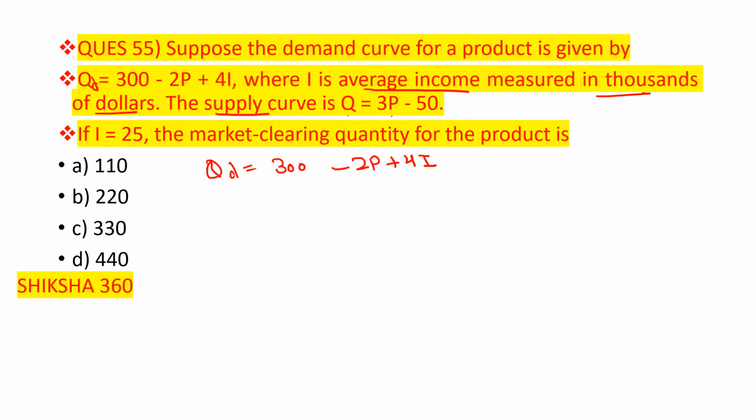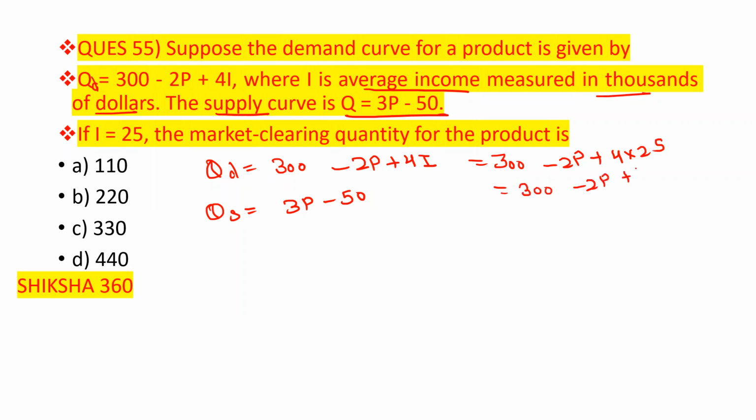The supply curve is also given, that is QS equal to 3p minus 50. If I is equal to 25, we have to substitute here: 300 minus 2p plus 4 into 25. This comes out to 300 minus 2p plus 100, or we can say 400 minus 2p.